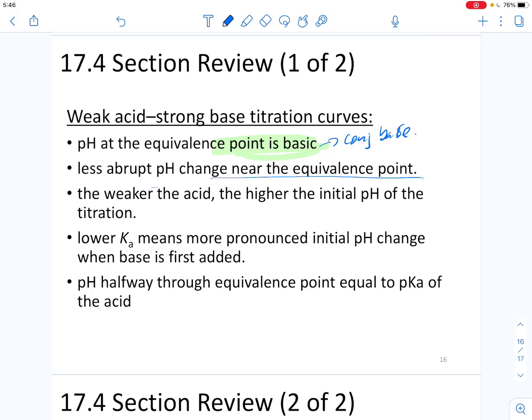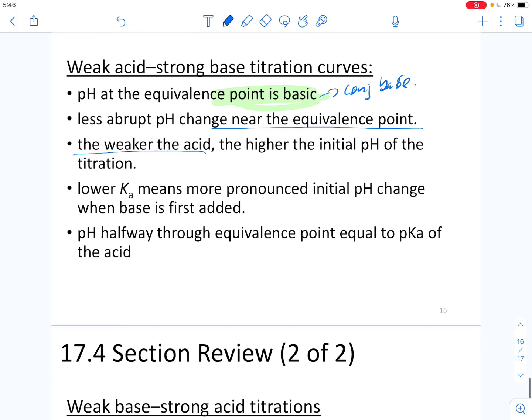The weaker the acid, the higher the initial pH of the titration, and sometimes it also means a higher pH at the equivalence point, because if the acid is weaker, then the conjugate base is stronger, and it will favor the production of OH minus.